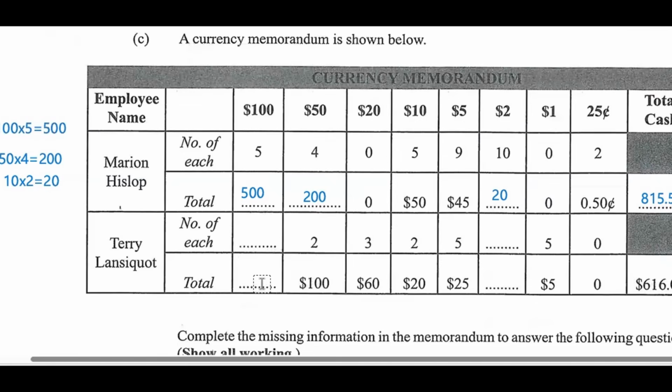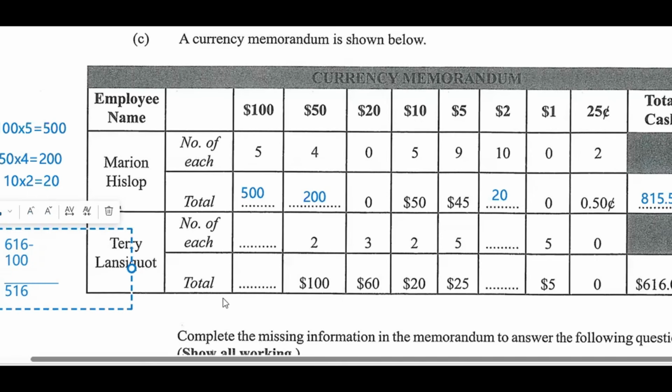All right, so let's begin. We're starting off with 616. They paid him $250, that's coming up to 100. So that minus 100 is 516. Then they paid him $320, that's $60. 516 minus 60.